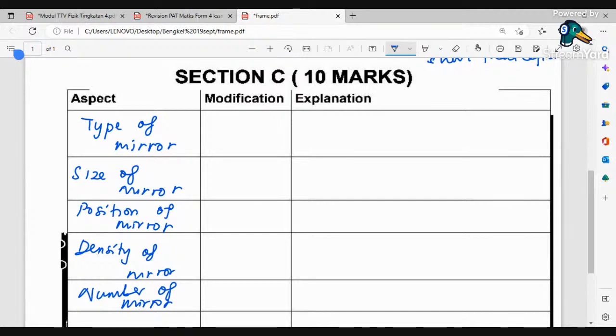Okay, ada 5 point, 1, 2, 3, 4, 5. Modification, type of mirror ialah convex mirror, diminish kecil. Okay, wider field of vision, maksudnya can serve nearly the whole shop. Okay, wider field of vision.